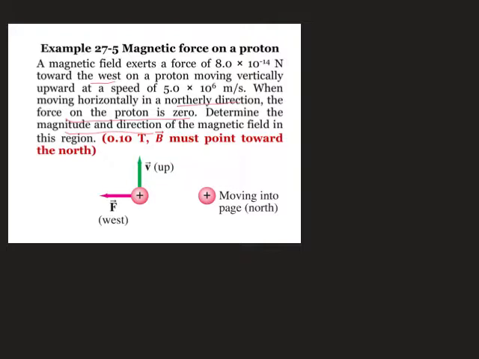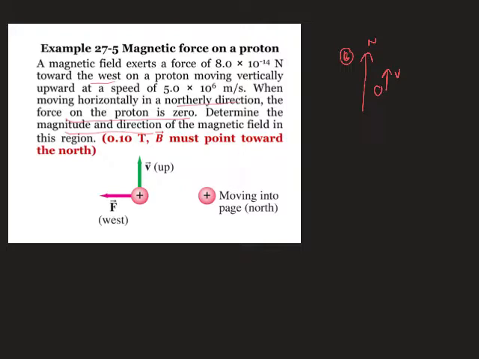One is based on the question given: when the charge moves horizontally in the northerly direction, the force on the proton is 0. You need to understand the requirement for the force to be 0: it means that the magnetic field and the velocity are in the same direction. Therefore the direction of the magnetic field is to the north.